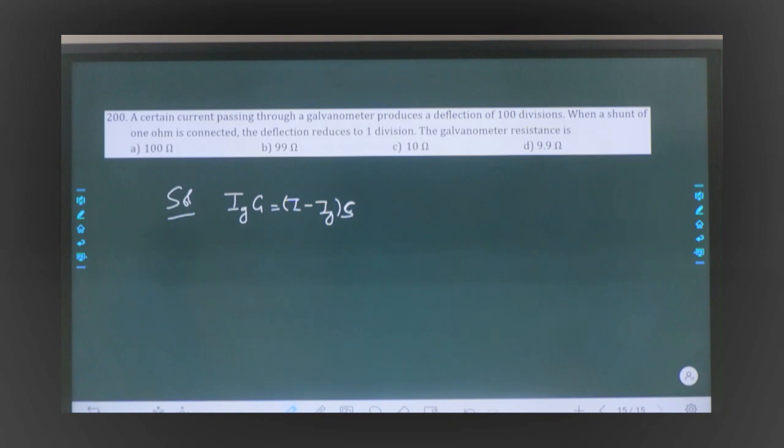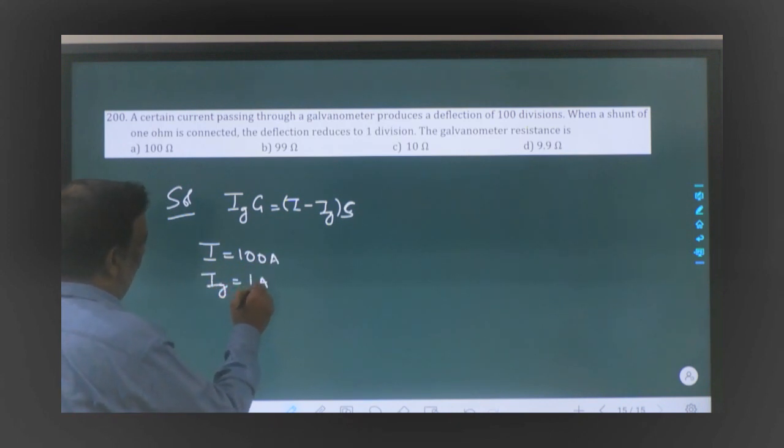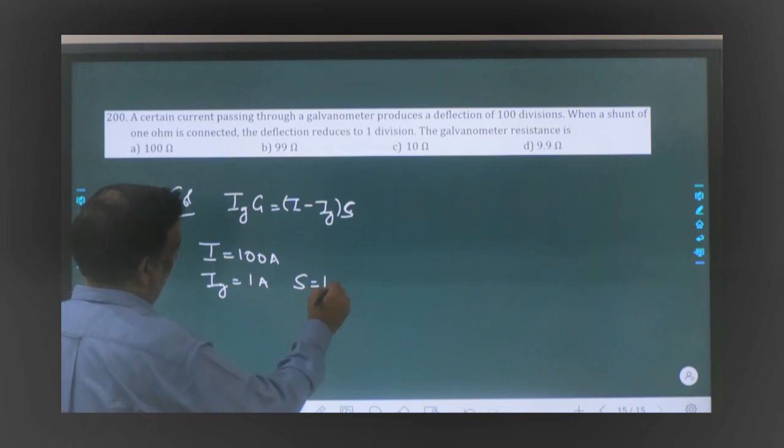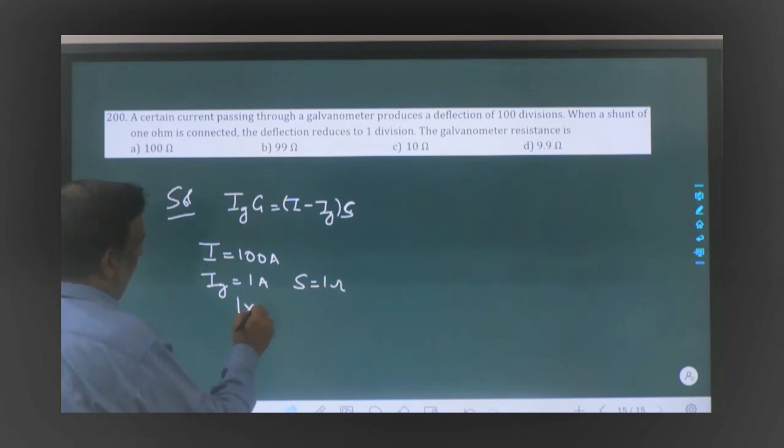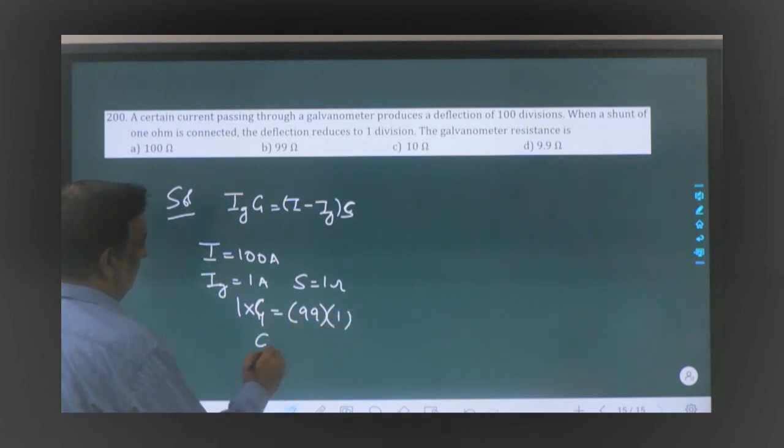Maximum current अगर circuit में flow कर रही है 100 ampere, तो current through the galvanometer is 1 ampere only. So say if I is 100 ampere, Ig is 1 ampere, S is 1 ohm. 1 into G is equal to 99 into 1, it will be 99 ohms.